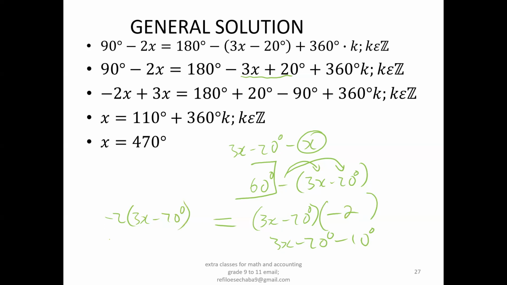However, if this 2 is like this, then that 2 is not attached to the bracket. You can't multiply by it unless they specifically state that it is in brackets. Okay, we good?